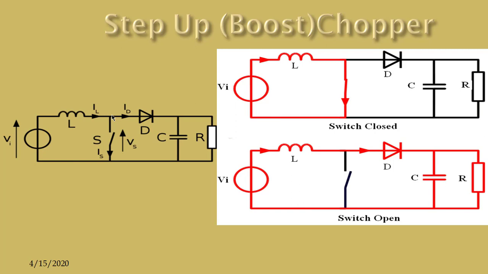Now we have mentioned that IL is the current through the inductor. So what should be the nature of this current? This is similar to that triangular ripple kind of thing which we have seen in case of buck converter, right?